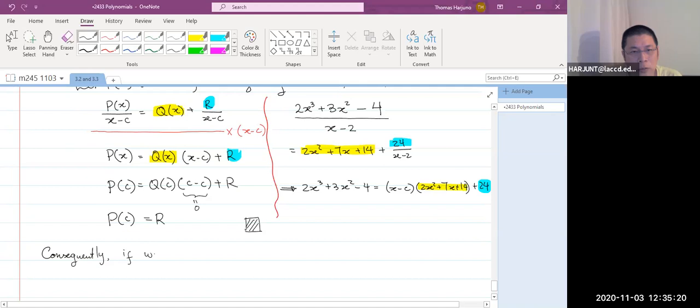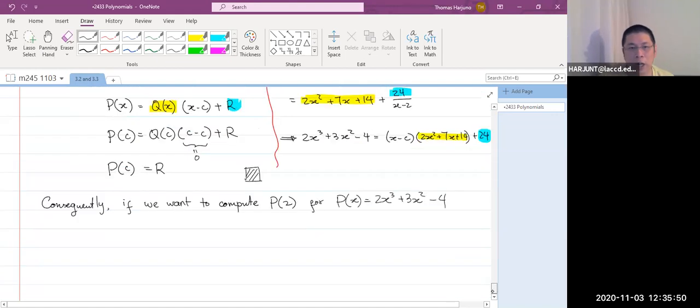Consequently, if we want to compute P(2) for P(x) equals 2x cubed plus 3x squared minus 4, we now have two methods. The first method, you plug it in.